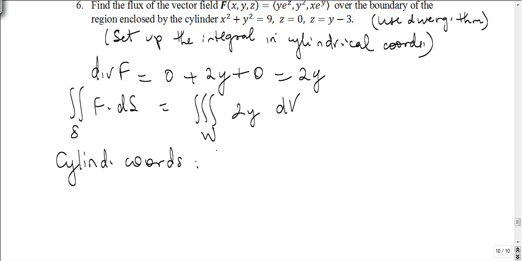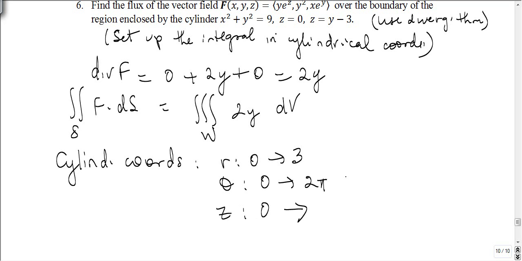What are the coordinates for r? 0 to 3, theta, 0 to 2 pi, z. Very good. So it's 0 to y minus 3, right? But we need to convert to cylindrical. So y is r sine theta minus 3. You with me?